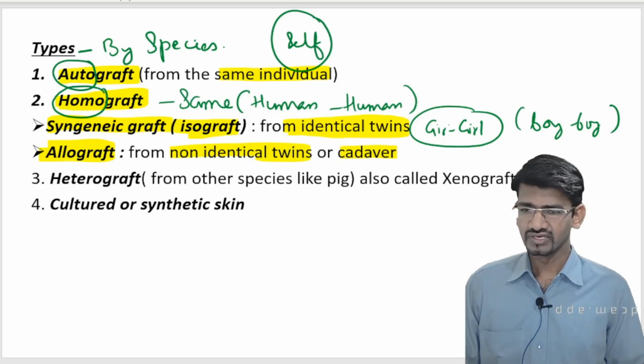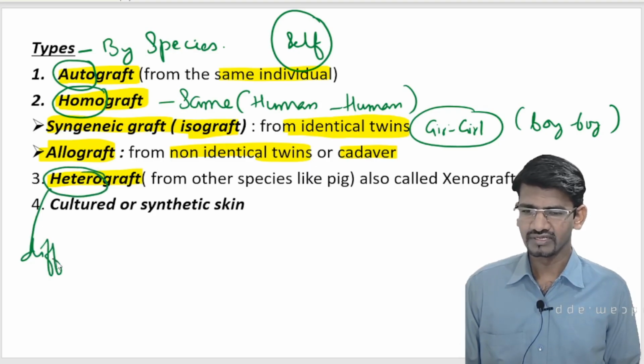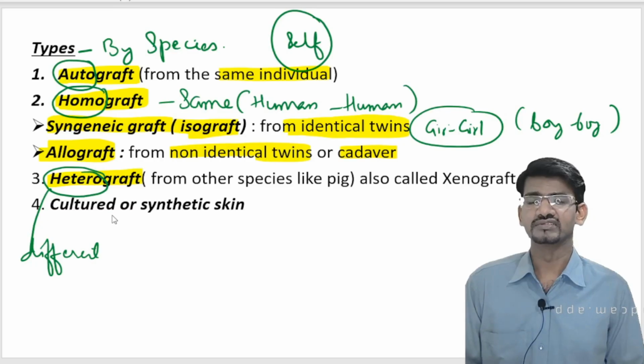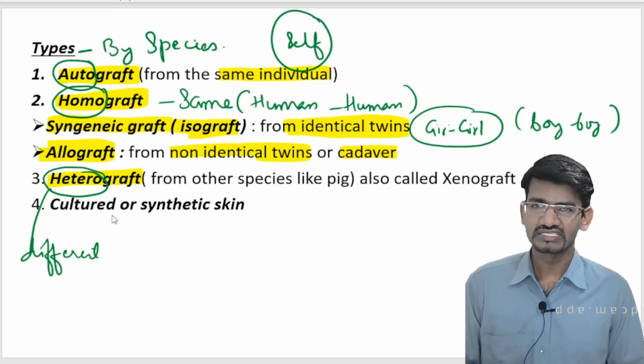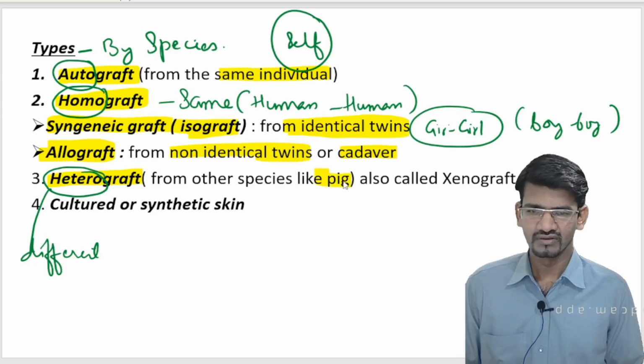Then the third one is a heterograft. Hetero stands for different. Hetero means it is different. So from another species, not from the human, we are taking the skin from other species, especially animals.